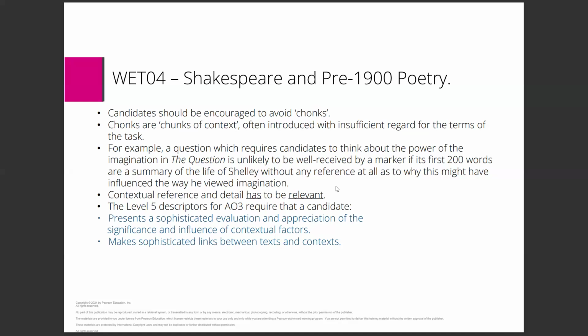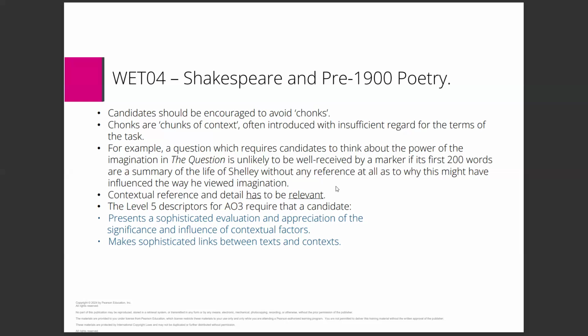But as we said, try and avoid the biographical chunks. So we mustn't just have the context in there with no regard to the question, with no regard to a particular formal feature. So we're looking for smaller elements, but relevant elements. And it does say, we want to avoid that first 200 words summarizing the life of a poet.